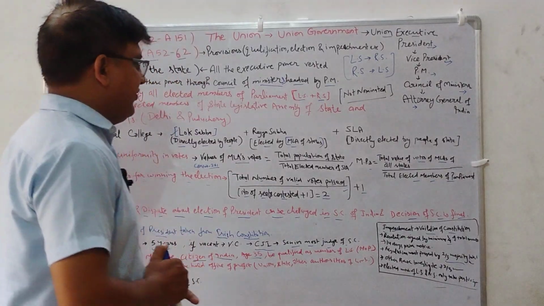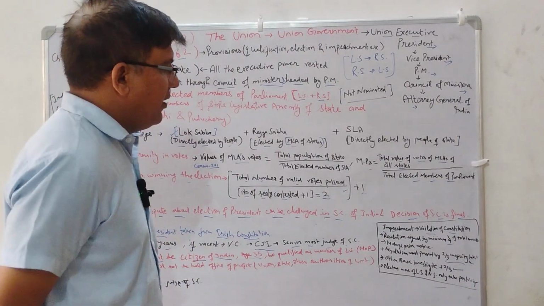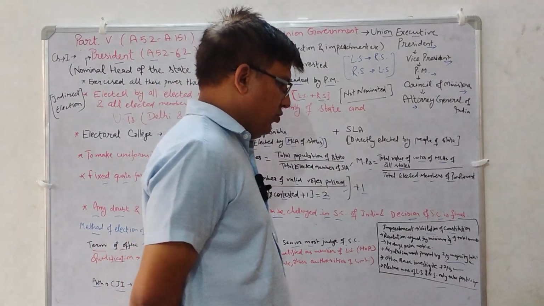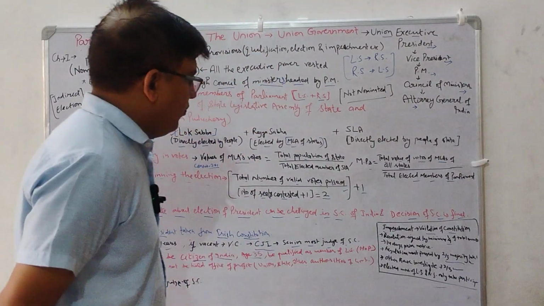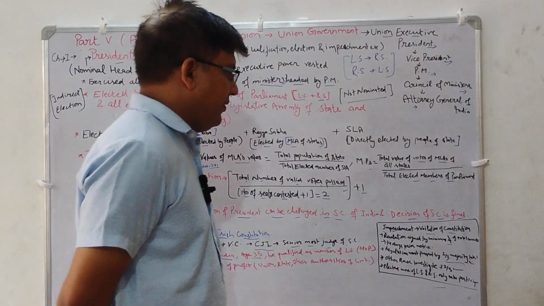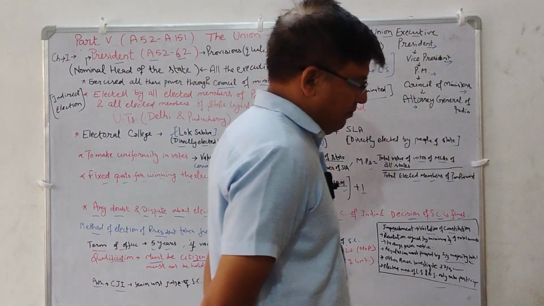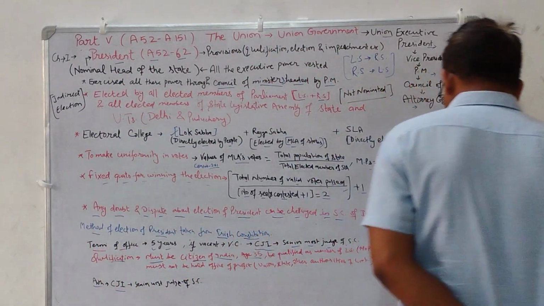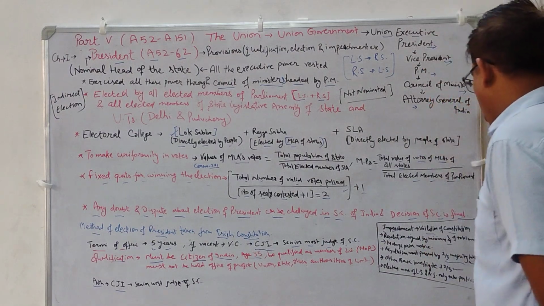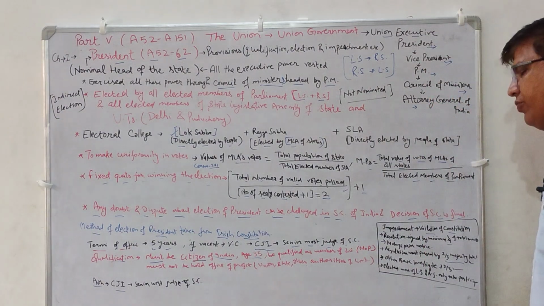And after investigation, if that House finds the allegations are right, then it must pass that resolution by a 2/3 majority of the total members of that House.